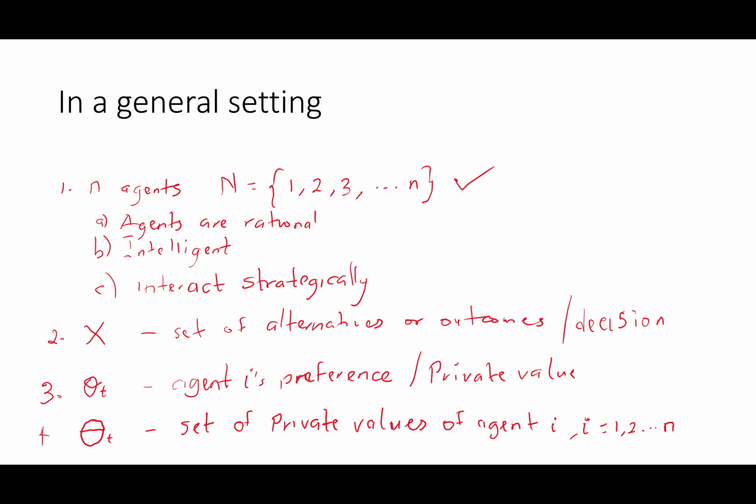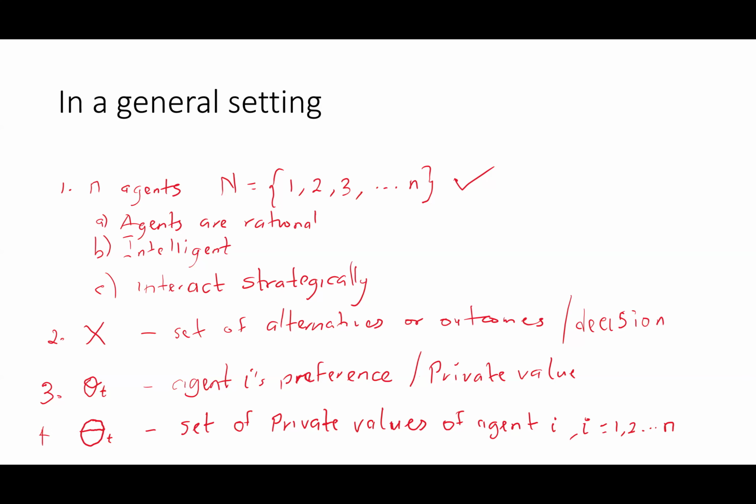So I was saying that we have some number of agents. It could be 1, 2, 3, 4, 5, 6, up to whatever number there is. And we are saying that these agents are rational, that they are intelligent, and that they interact strategically.